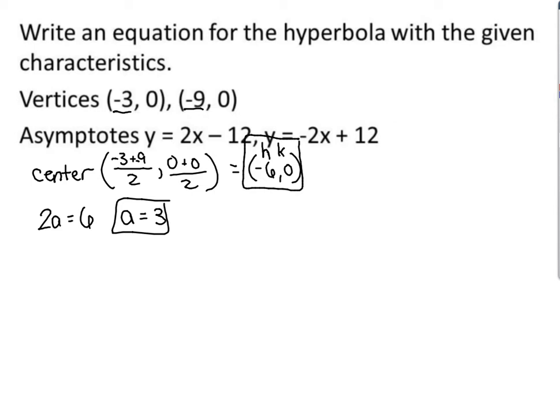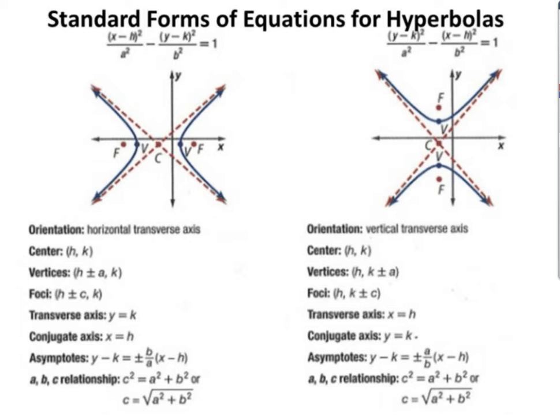Now we need to look at the asymptotes. Because when we're looking at our vertices, the x values were changing and the y's were staying the same, we do know that our equation is going to be in the form of (x minus h) squared over a squared minus (y minus k) squared over b squared is equal to 1. But we also know that our asymptote is going to have a slope of plus or minus b over a.